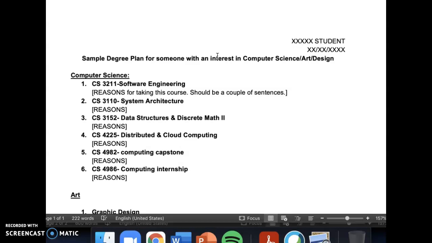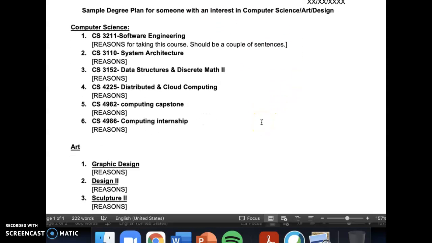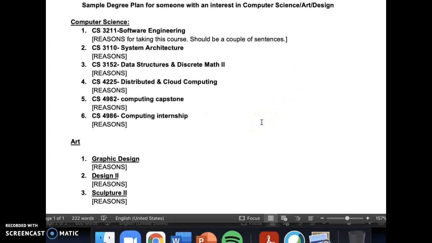But if what you want to do is art and design, let's say you want to design video games or something like that, you're going to need a different skill set. So what this person did was to look at some of the different classes that you could take in computer science and art that would help.